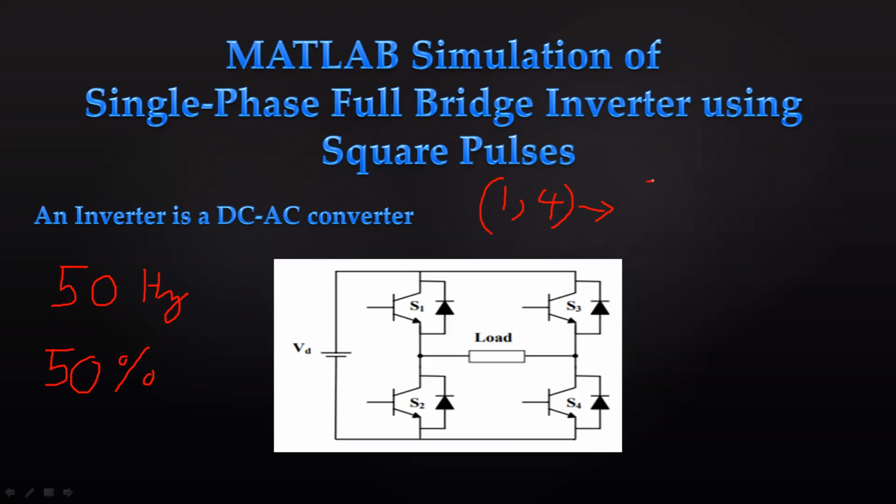So let's draw its waveform. And the third one and the second one, we will trigger simultaneously using a NOT gate pulse on them. So it will be exactly opposite to the first waveform.